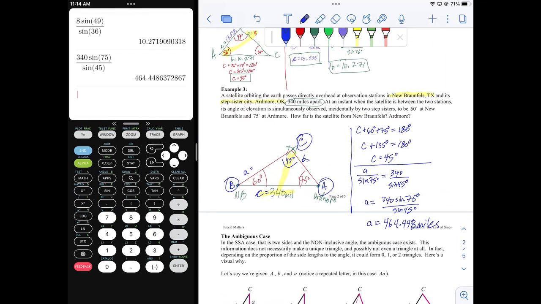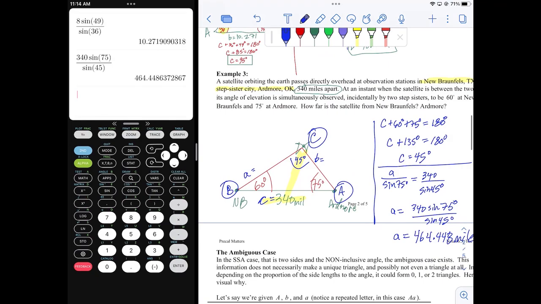Oh, I ran out of room. Let's come up here and find the other guy. We'll do this: 464.448. And then the other guy here, we'll find b over sine of the angle opposite b, which is 60 degrees, equals, again, the pivot guy would be 340 over sine of 45. And you just multiply both sides by sine of 60. And we get 340 sine of 60 all over sine of 45.